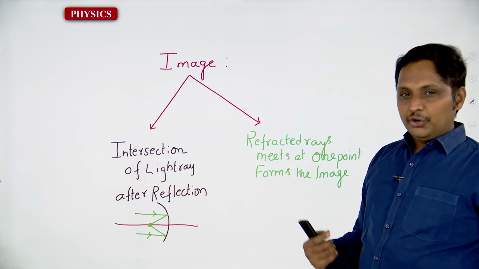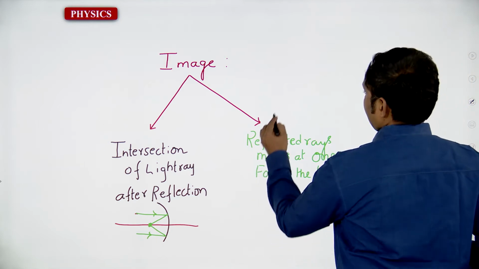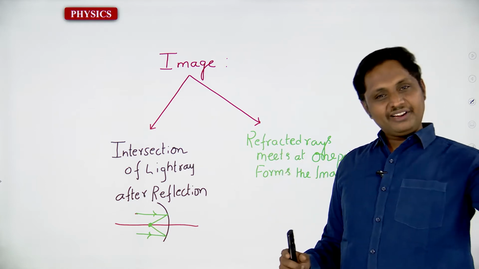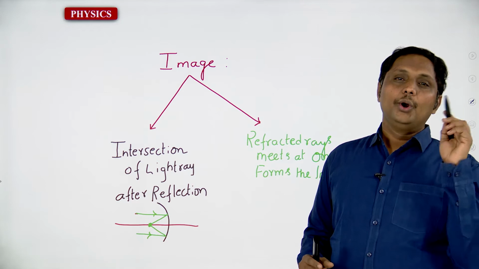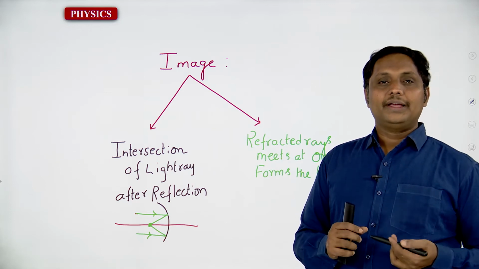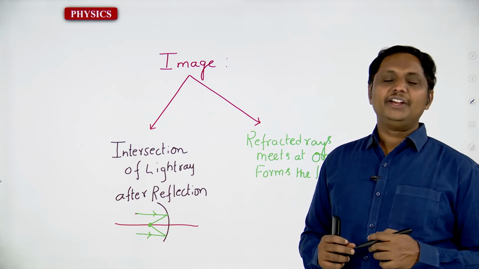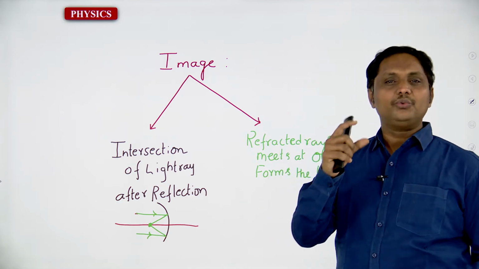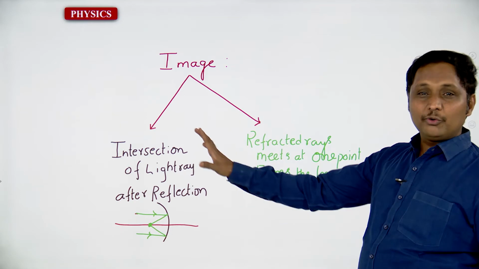They will cut the principal axis to form the image, and you can easily identify the location of the image and the size of the image. That depends on the position of the object.